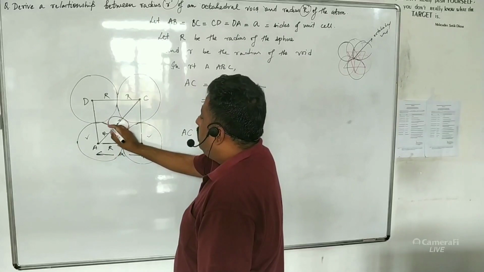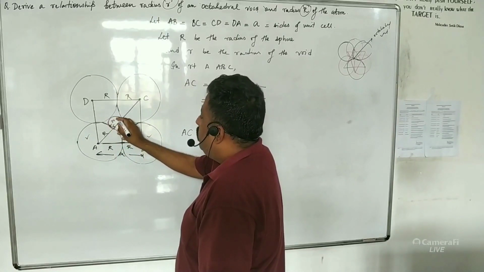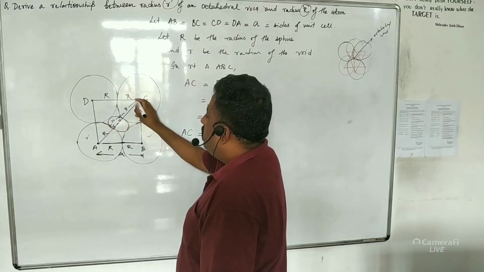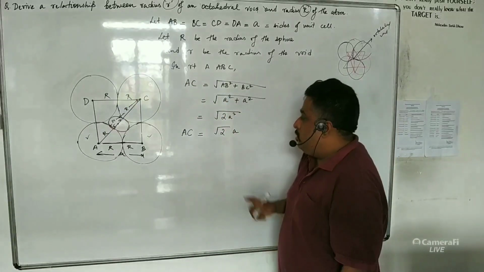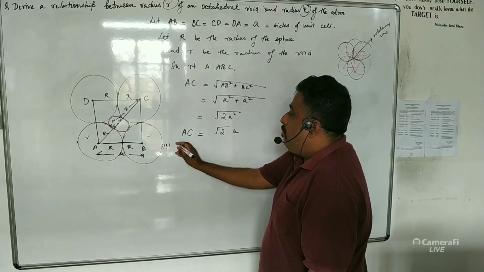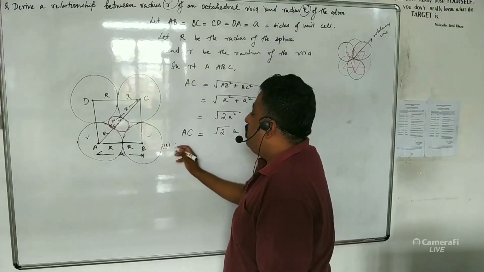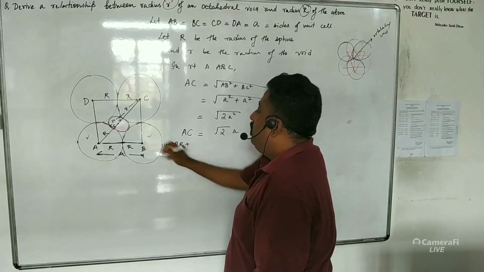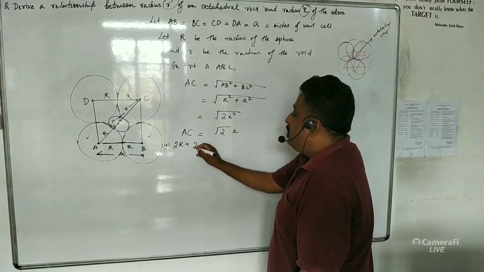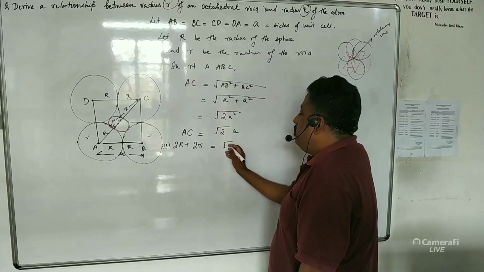From this point to this point, this total length will be twice small r, and from this point to this point, another capital R because it is the radius of the sphere. So we can write this AC as R plus 2r plus R, that is 2 capital R plus the diameter of this sphere. Radius is small r, diameter will be twice small r.